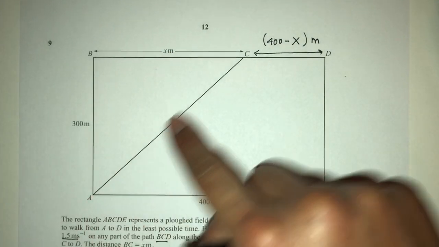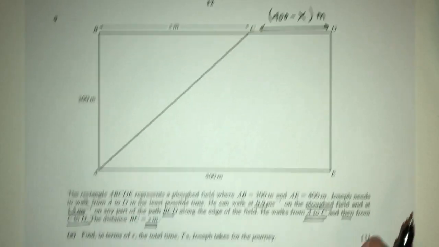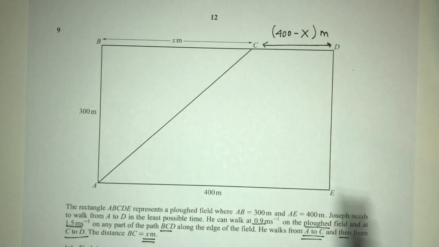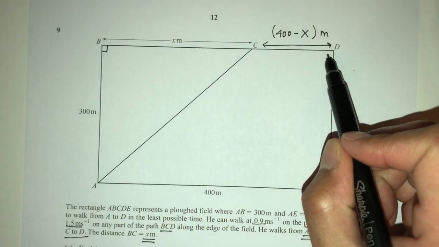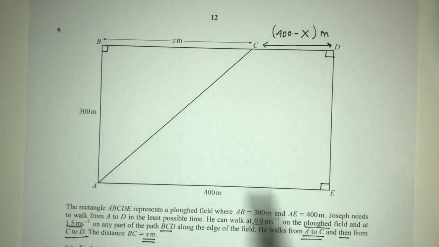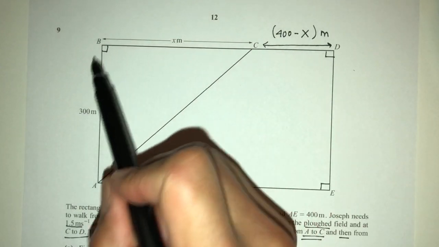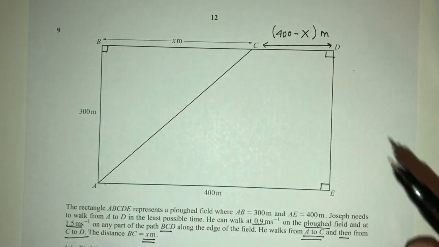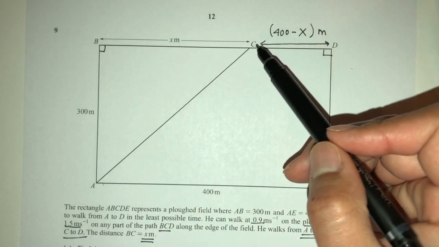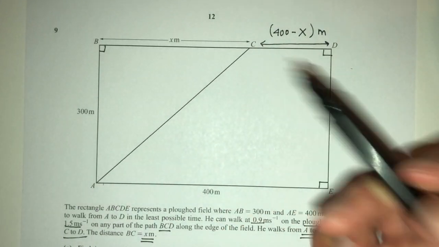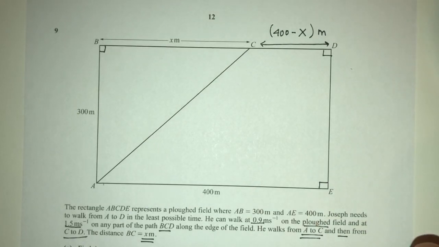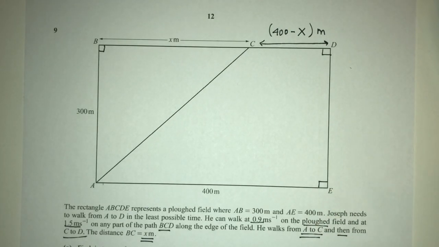Now what is AC? If you observe, this is a rectangle. Because of that, all these angles are 90 degrees. Triangle ABC is a right angle triangle, so we can find the length of AC by using the Pythagoras theorem. Let me write this down here.